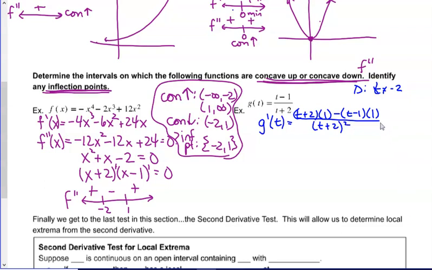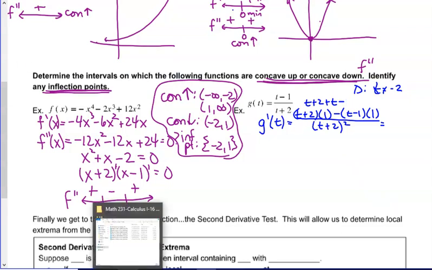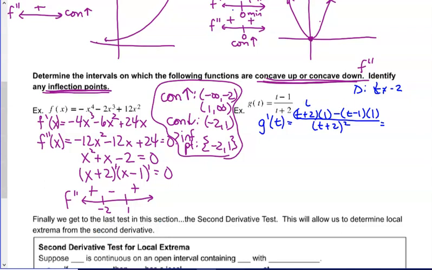Now, if I simplify this a little bit, on the top I get t plus 2 minus t plus 1. Sorry, I did that backwards. That way those t's cancel out.